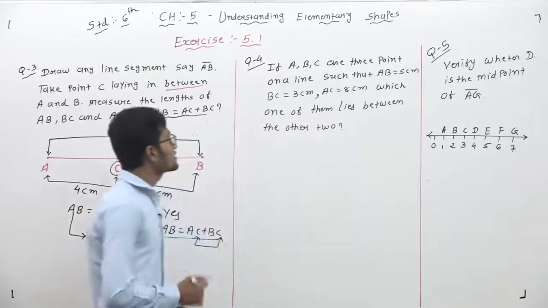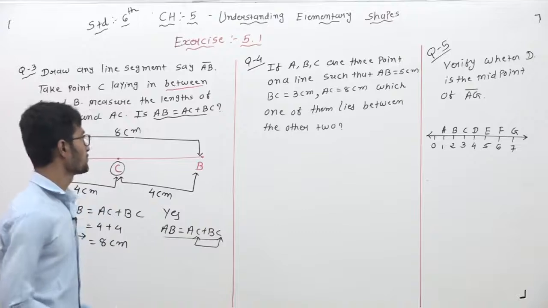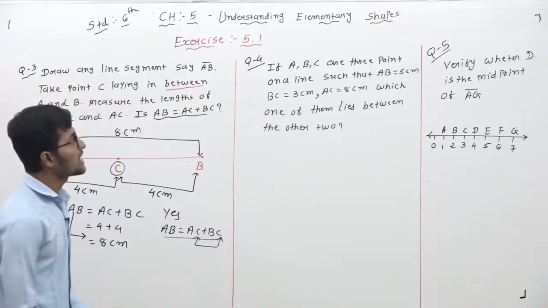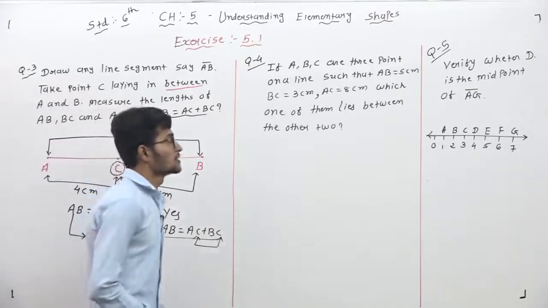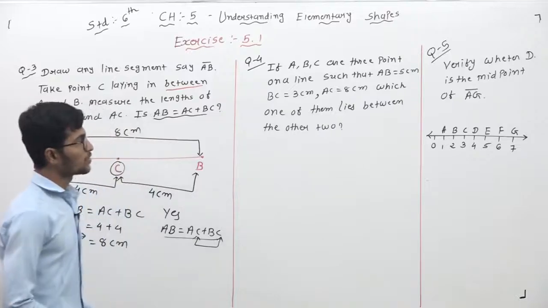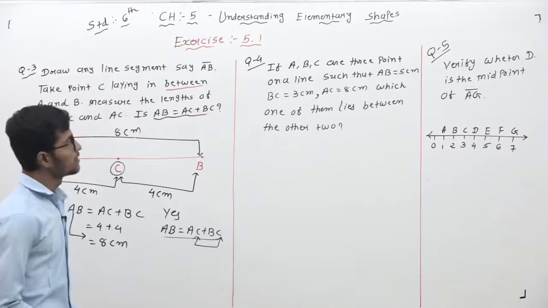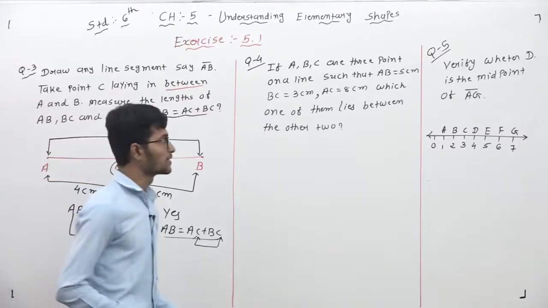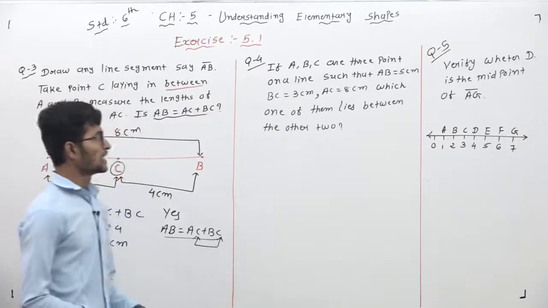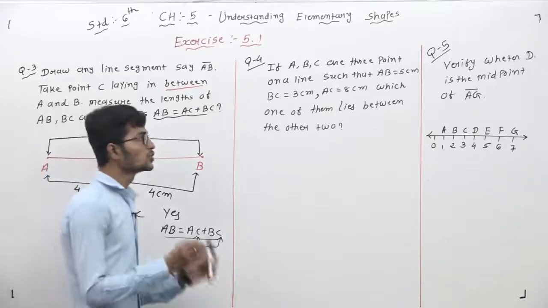So let's start our next question, question number 4. If A, B, C are 3 points on a line such that AB is equal to 5 centimeter, BC is equal to 3 centimeter, AC is equal to 8 centimeter, which one of them lies between the other two?